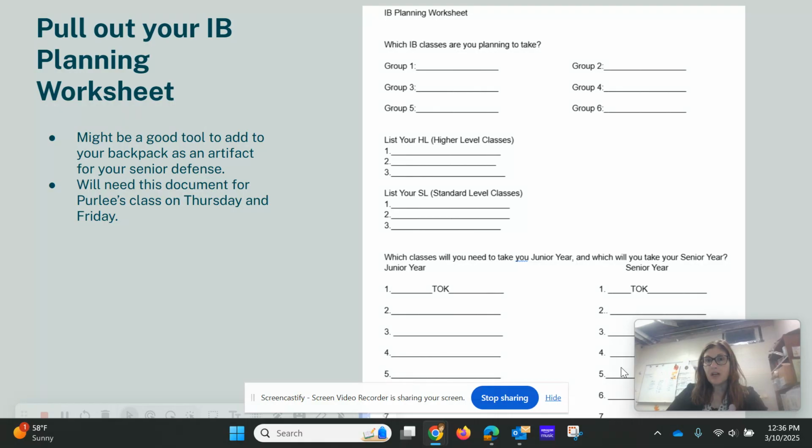Some students realized that they had not yet started a language and that would be a problem, so we needed to talk through ways in which to get the language started. This worksheet was used to fill out a huge part of this meeting so that students could figure out really did they want to be an IB diploma candidate, and if they did, how would they make that work?